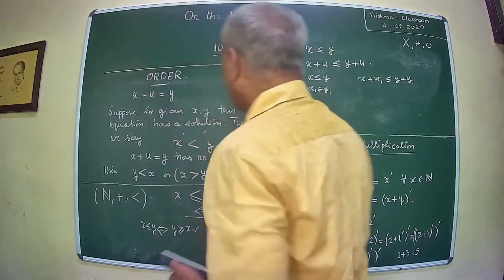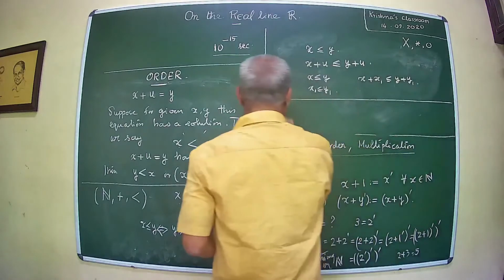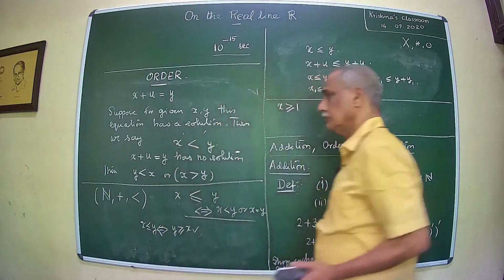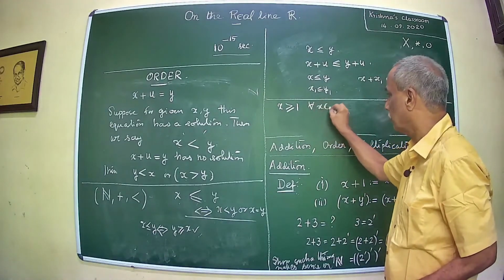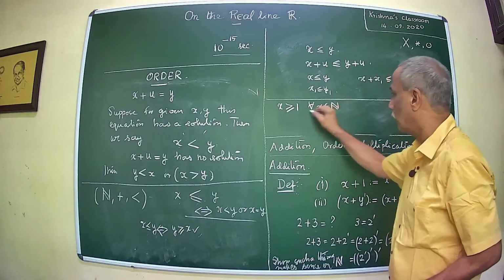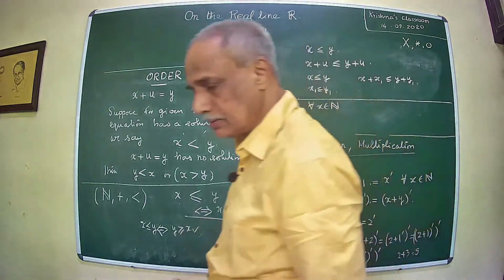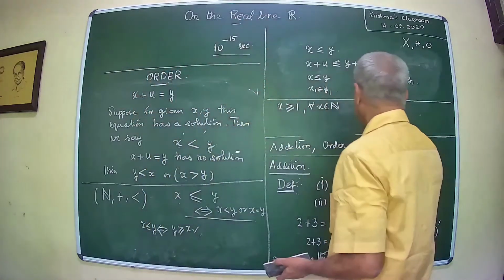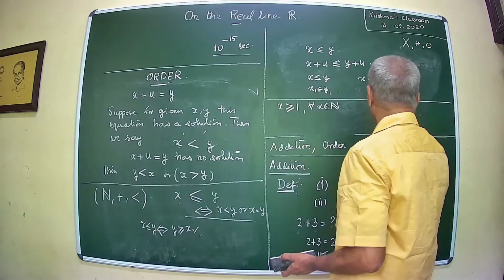Okay? And specifically, a few things that are important here: x is greater than or equal to 1. It is always greater than or equal to 1, or 1 is the least element. Okay? And y is less than y plus 1.